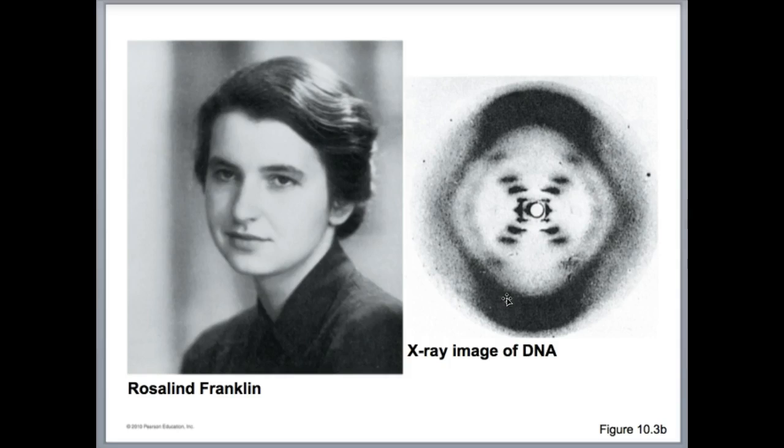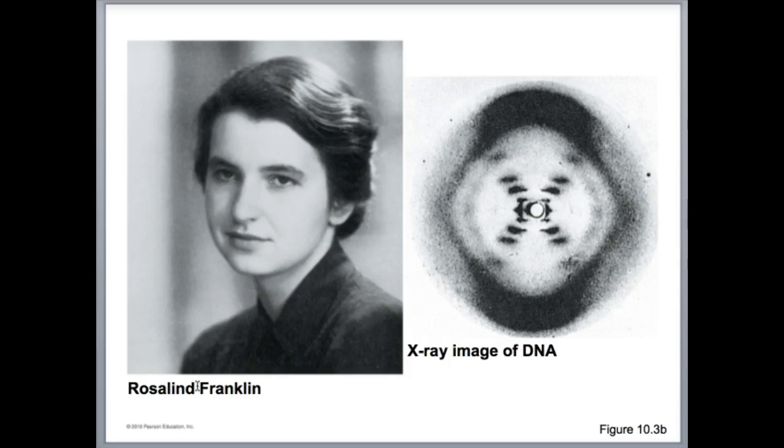This discovery was published and they were awarded a Nobel Prize. The problem is that Rosalind Franklin had passed away by the time the Nobel Prize was awarded, and the Nobel Prize cannot be awarded to somebody who has passed. So you will always see Watson and Crick's name published and credited with the development or the understanding of the DNA molecule, but you don't see Rosalind Franklin's name on the Nobel Prize.